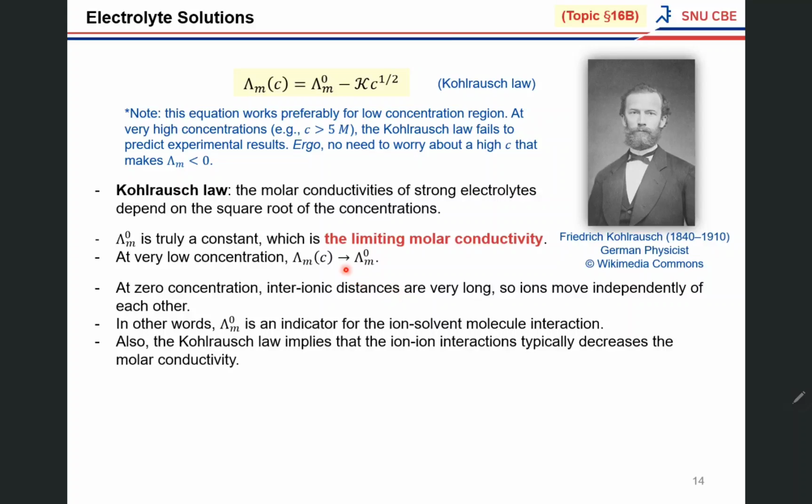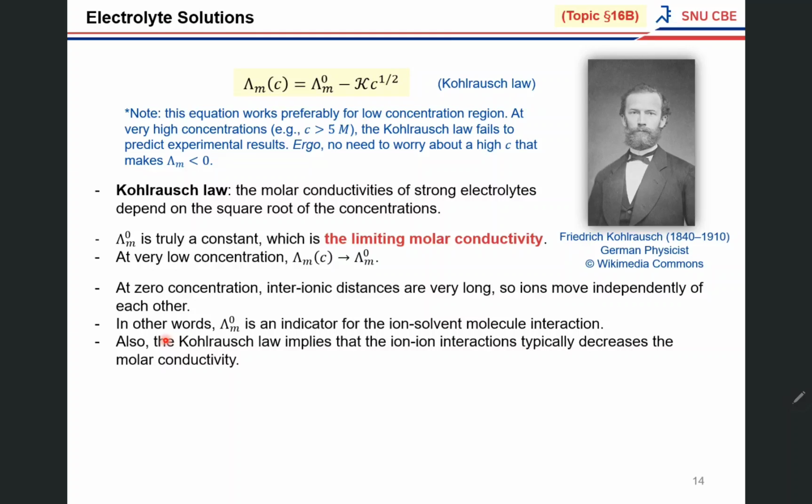So at zero concentration, the ion is very scarcely distributed in the liquid phase. So the inter-ionic distance must be very long when compared to the intermolecular distance in the liquid phase. So we can assume that ions will move independently from one another. So 100% of the surroundings of one ion should be the solvent molecules.